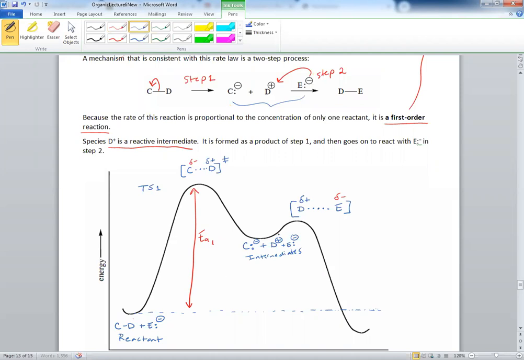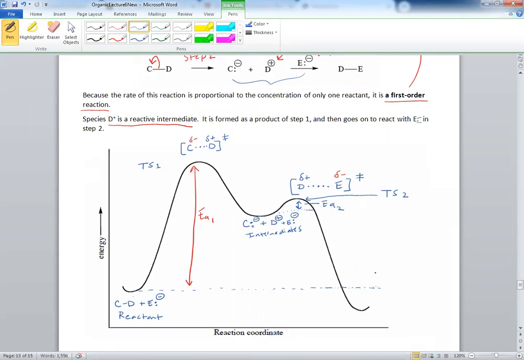Okay, do we have another transition state? There it is. Do we have another EA? Yep, here it is. It's hard to draw, but it's in between right there. So that would be EA2. And that would be, of course, right here at the top, our TS2, second transition state.